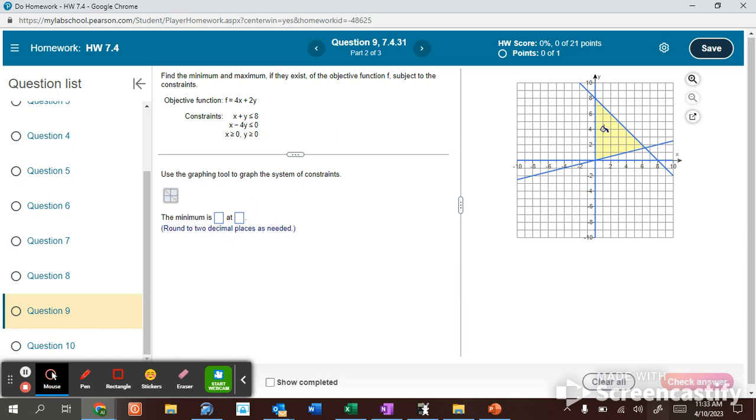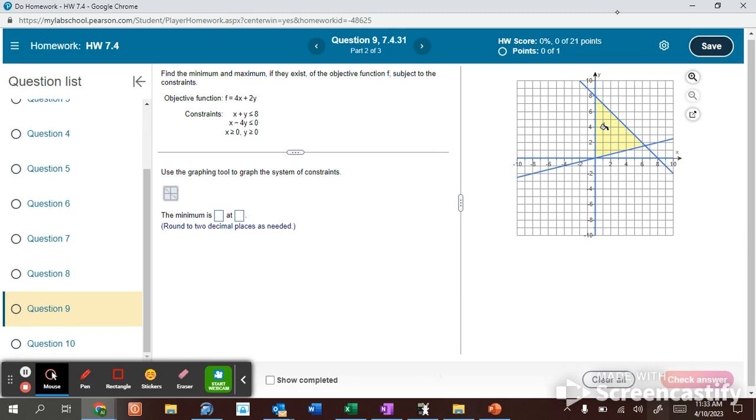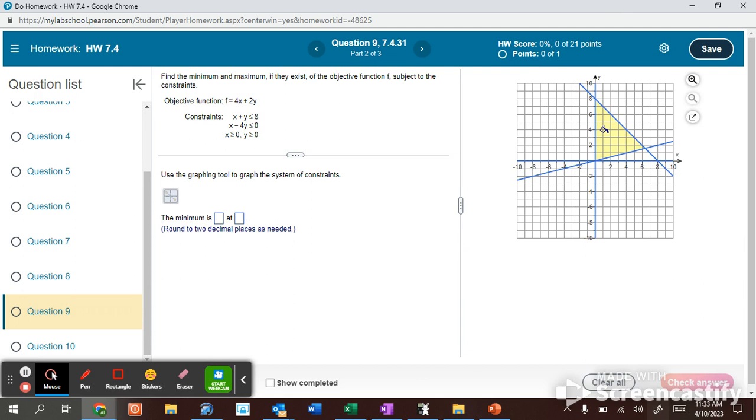Nice work, Mr. Bishbach. All right. The minimum is at, so I want to find a minimum for this function. Okay? So if I plug in 0, 0, I'm going to get 0. If I plug in whatever this point is, it's going to be bigger than that. And if I try to plug in 8, 0, or 0, 8, it's going to be bigger than that.